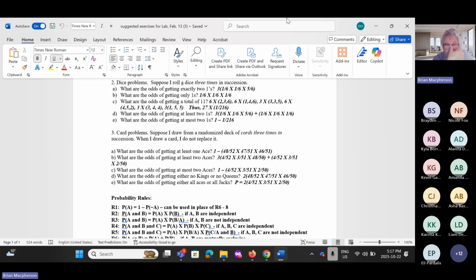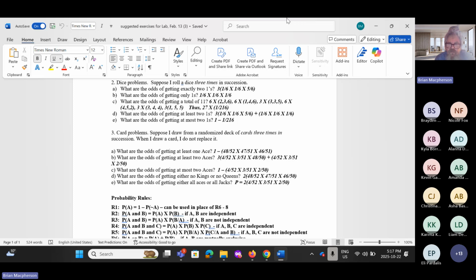So in that case, you can use the complementation rule. To get at least 1 ace, that means you're going to get 1 ace, or 2 aces, or 3 aces, right? Because you're drawing 3 times. That means that there will be no draw where you'll get no aces. So I'm using the complementation rule. I subtract the chances of getting no aces from 1.